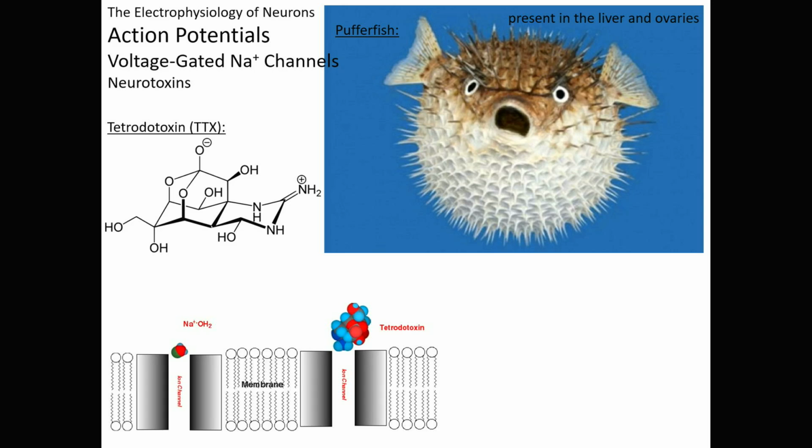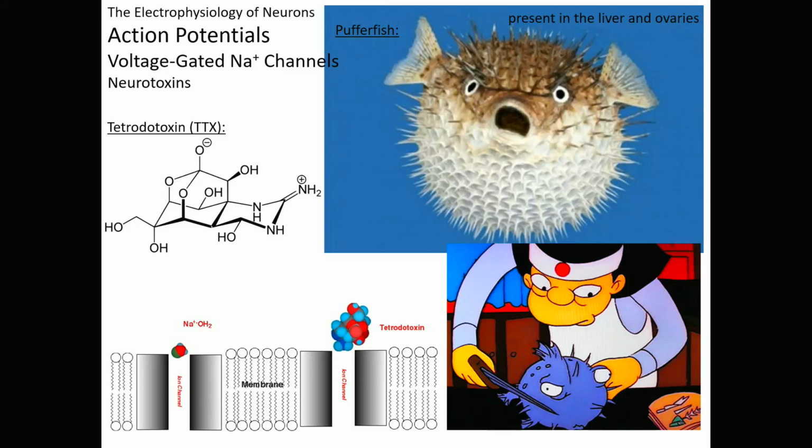I remember the very first time that I ever learned about pufferfish was actually courtesy of The Simpsons. There's a Simpsons episode where this kind of unskilled Japanese chef is trying to prepare pufferfish for Homer. It's a delicacy because you have to very skillfully prepare it, because if you don't and you end up contaminating the dish with the tetrodotoxin that is in the fish, then ultimately, of course, the person dies.